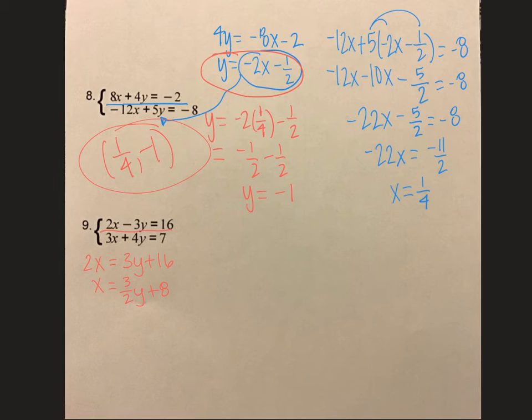So I've got x equals 3/2 y plus 8. And I'm going to take that and plug it in for x in my second equation. So 3 times 3/2 y plus 8 plus 4y is going to equal 7.